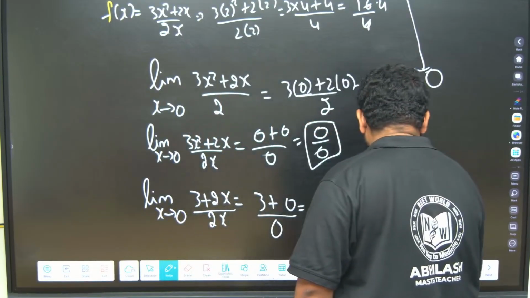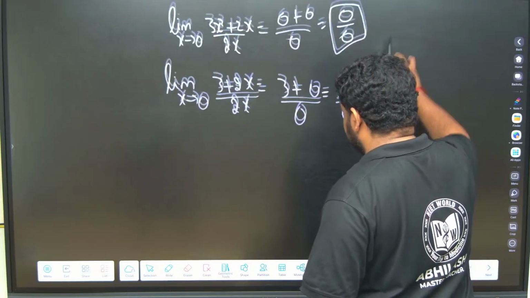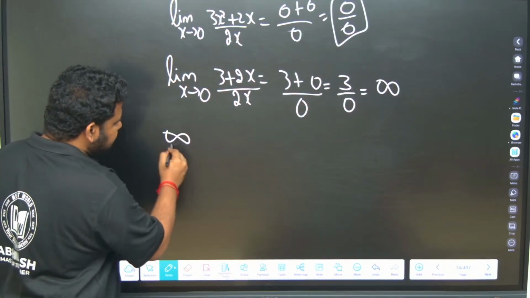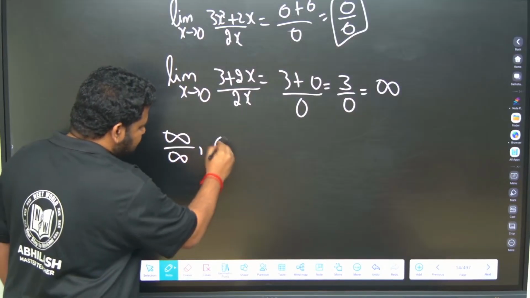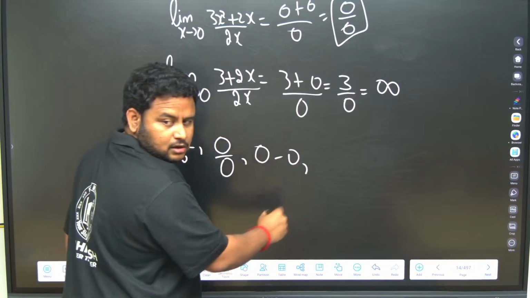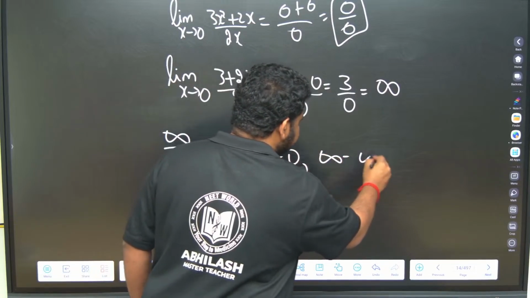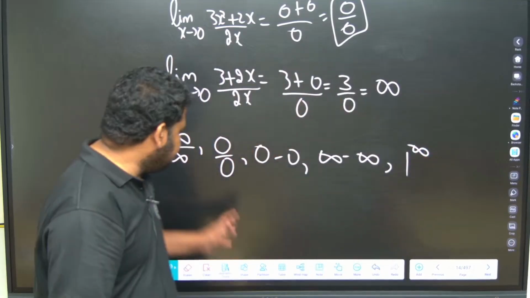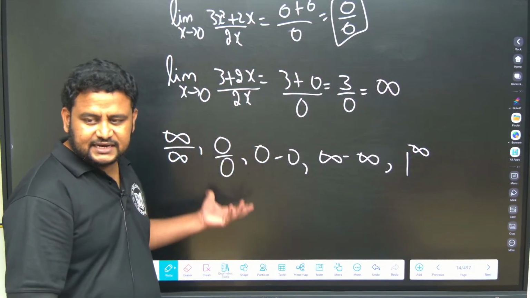If I am getting forms like infinity by infinity, 0 by 0, 0 minus 0, infinity minus infinity, or sometimes 1 to the power of infinity, am I getting any definite value? I am not getting any definite value.